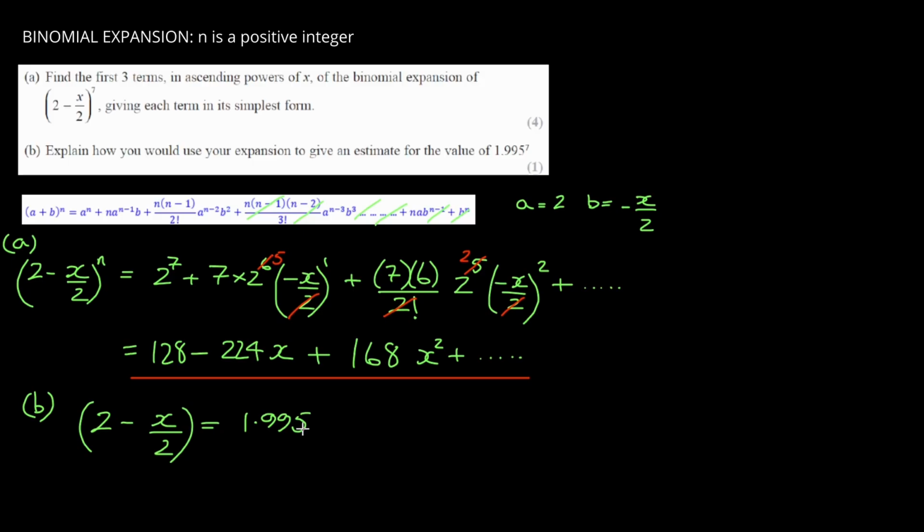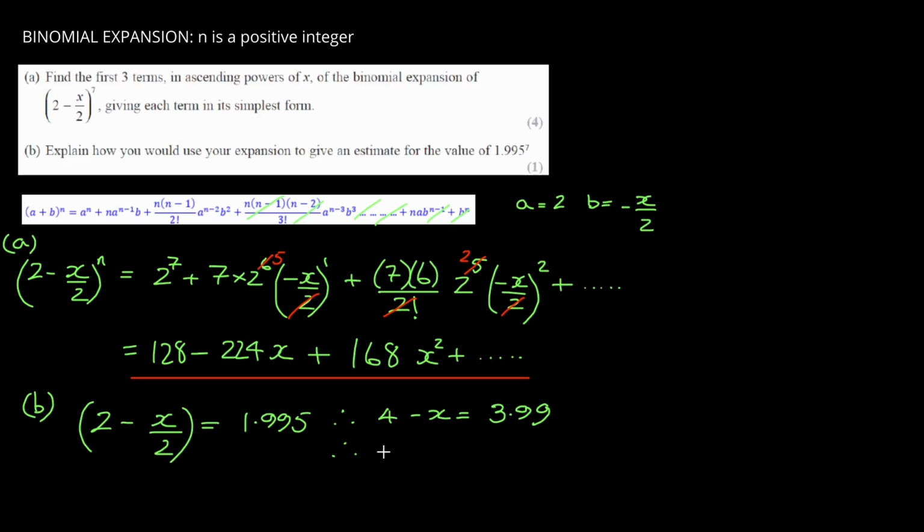Okay, solving this, I'm going to multiply through by 2 all the way through. So I get, therefore, 4 minus x is equal to 2 times 1.995. And that turns out to be 3.99.